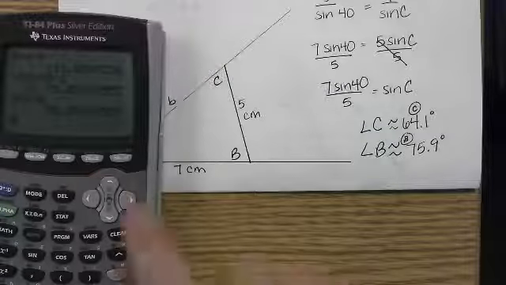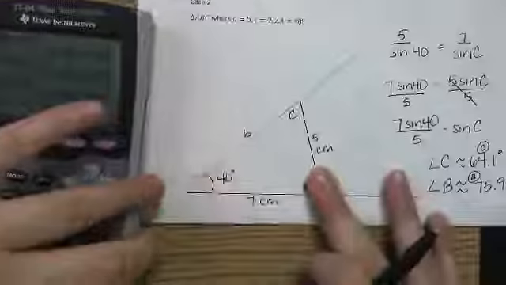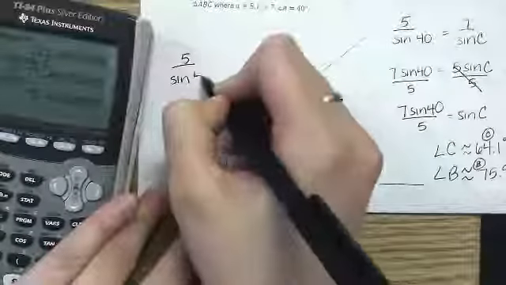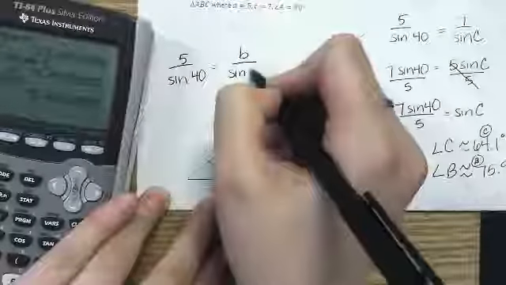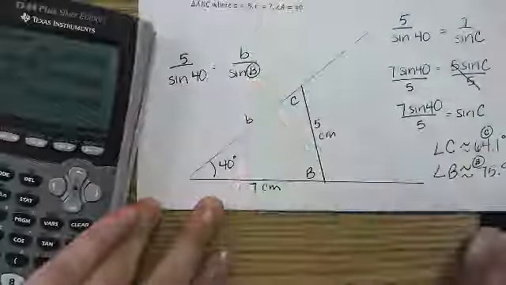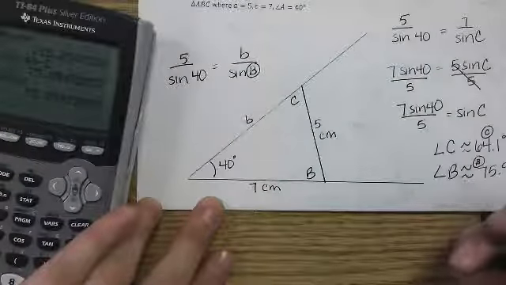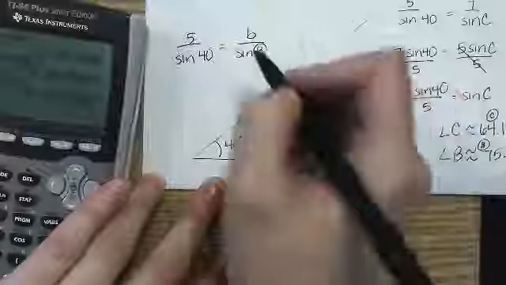Okay. So we have angle B is 75.9, and then we got to go ahead and solve for side B. So we'll do 5 over sine 40 equals side B over sine of angle B, which we have stored in our calculator. And we can go ahead and do our cross multiplying.